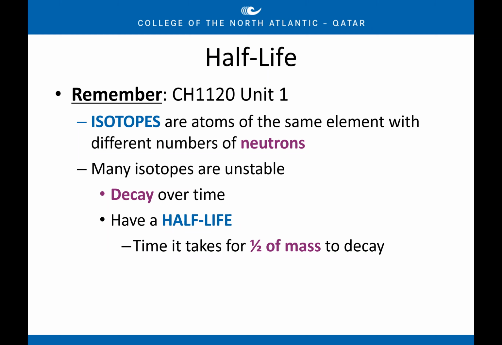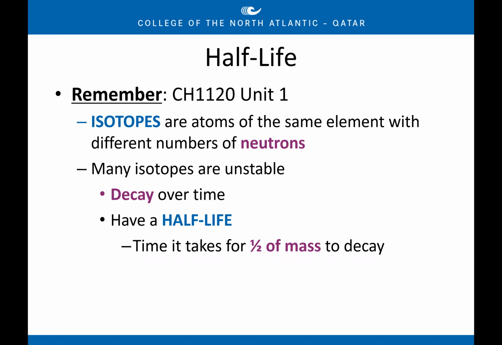Half-life is a rate law, or an equation based on rate. Many isotopes are unstable. Think of radioactive isotopes. Uranium is a good example. These are unstable, and what that means is they decay over time.